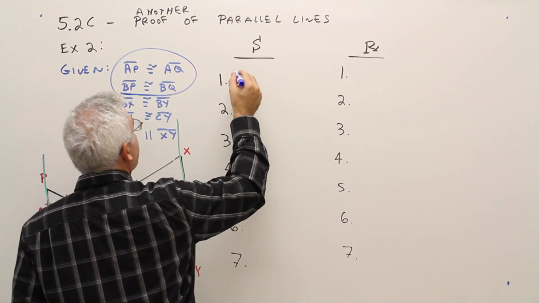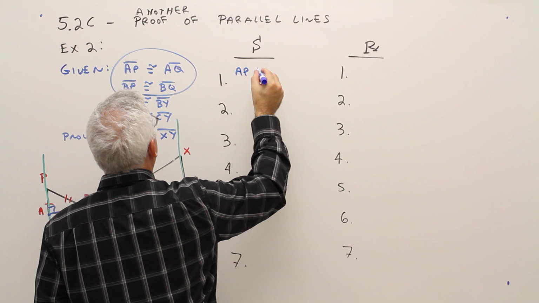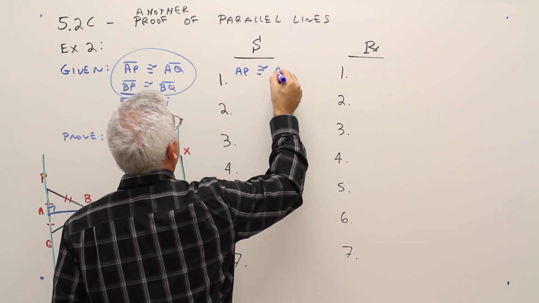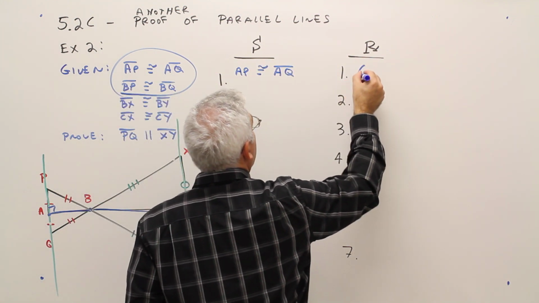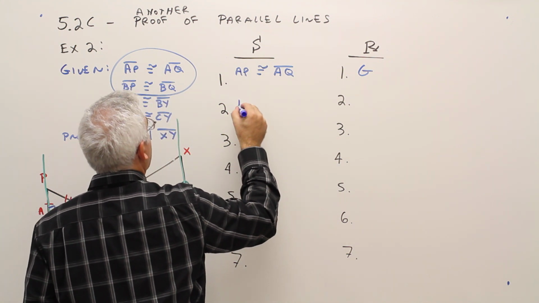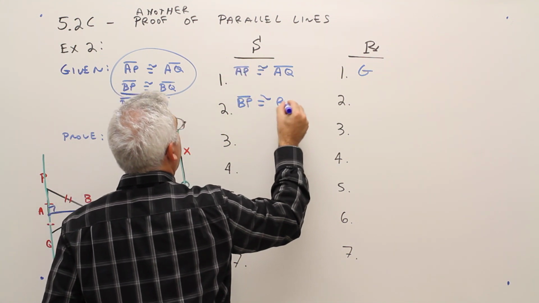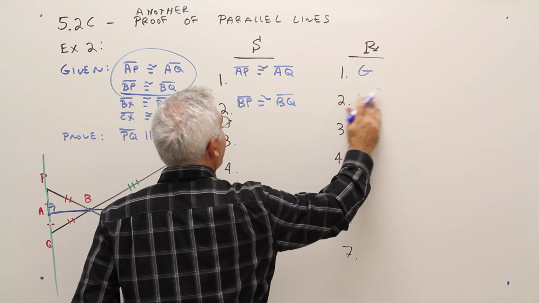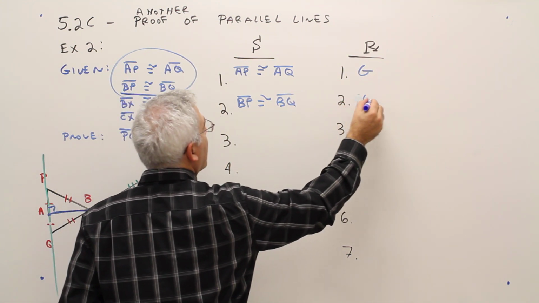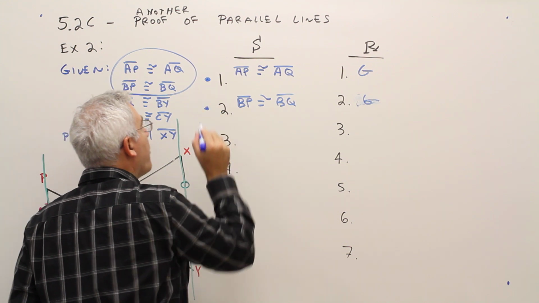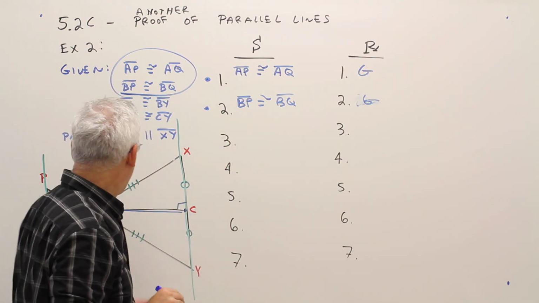So I'll say AP is congruent to AQ. Given. BP is congruent to BQ, given. So those were my two equidistant points.